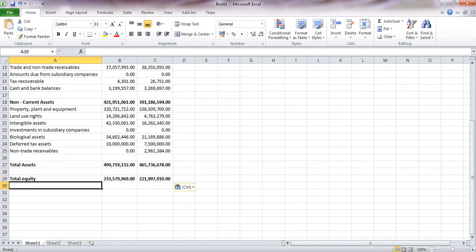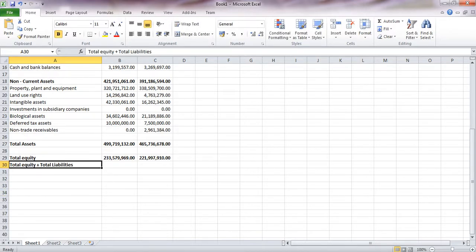And the next figures: total equities plus total liabilities. So later on we're going to fill out these figures. No worries on that. This one is primarily to get the figures. I'm not very interested in other things.